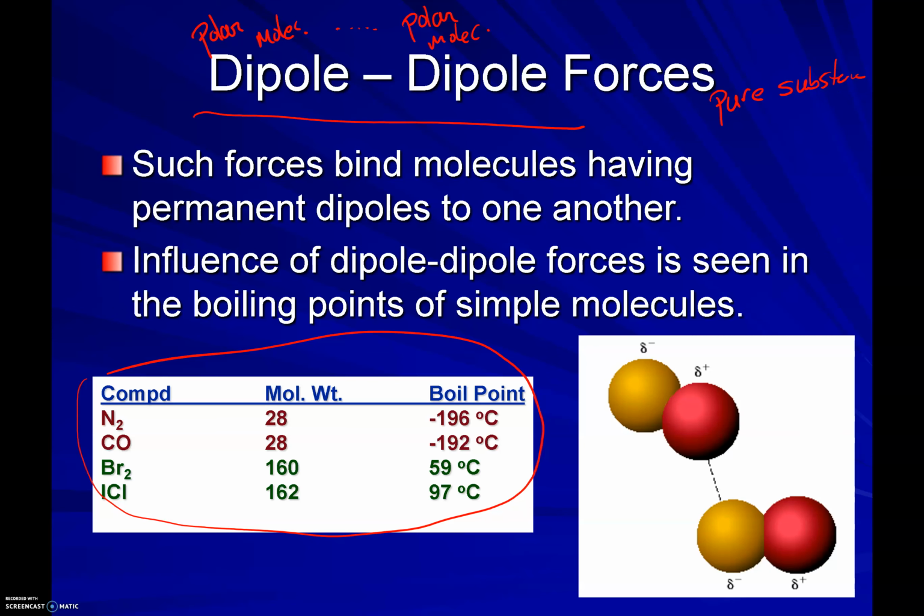But if it's a solution or a mixture, then obviously it doesn't have to be the same molecule when you're talking about dipole-dipole interaction or intermolecular forces. The only requirement is that you have two polar molecules. And so with this polar molecule, you can see our partial charges are obviously attracted from one side to the other. And this is a dipole-dipole interaction, which is a fairly strong interaction.